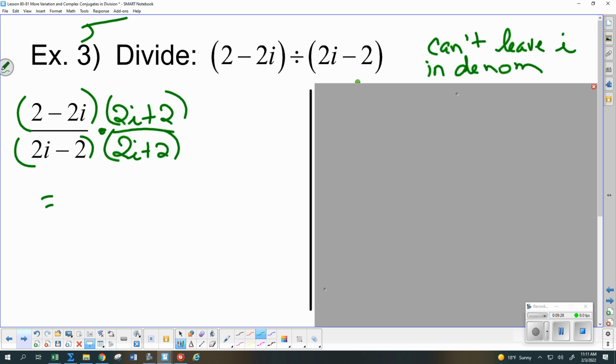And that will give us, who wants to help me FOIL the numerator? Sure. A little louder, please. 4i.